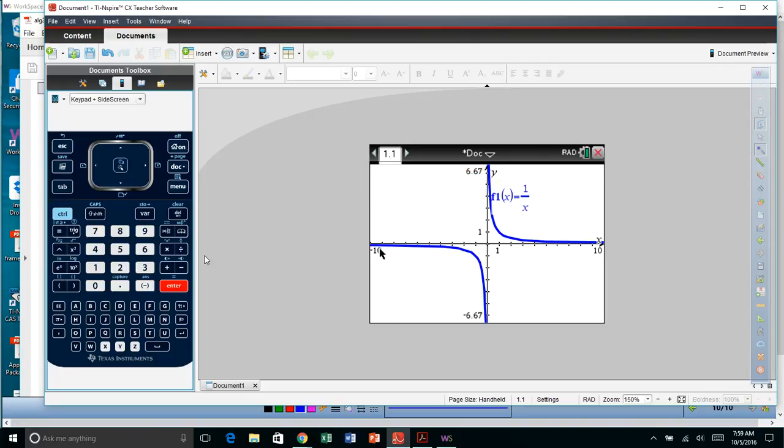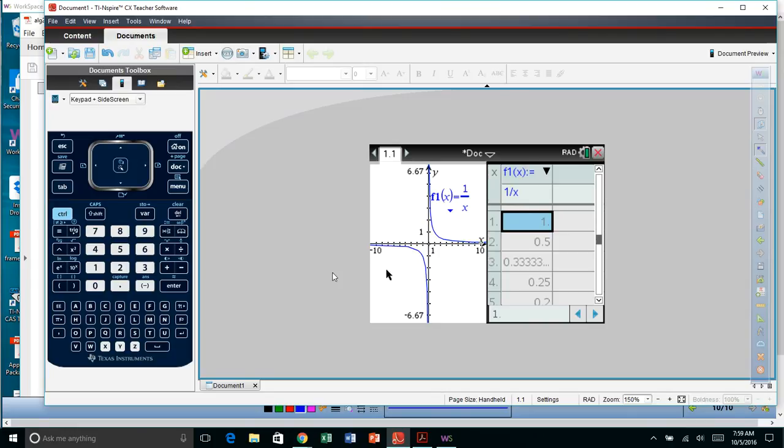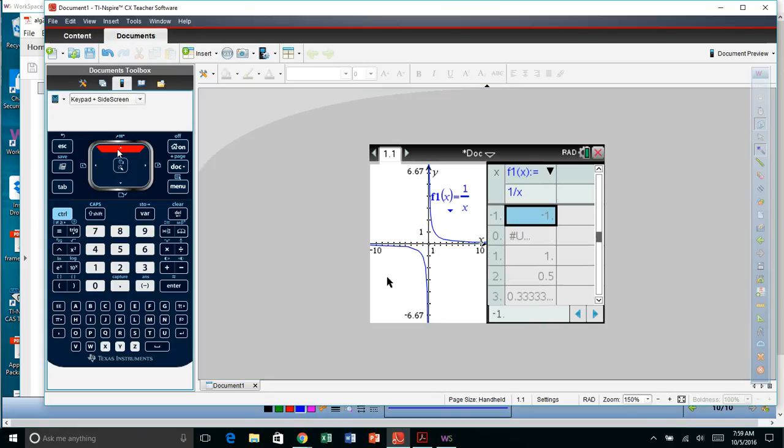Okay, for every point x, y, there's supposed to be one negative x, negative y. So control T, let's go to our table. We've got 1, 1. Let's see if we got negative 1, negative 1. We got 2, 1/2. See if we got negative 2. We got negative 2, negative 1/2.